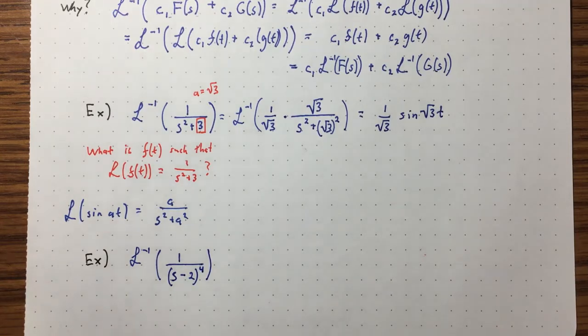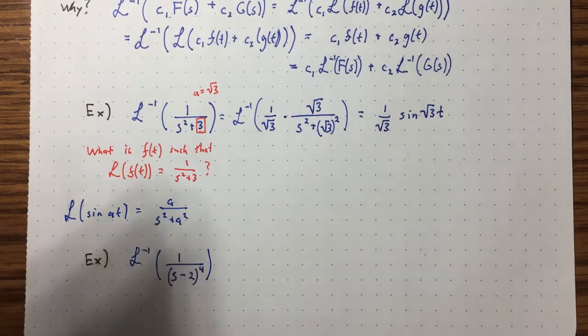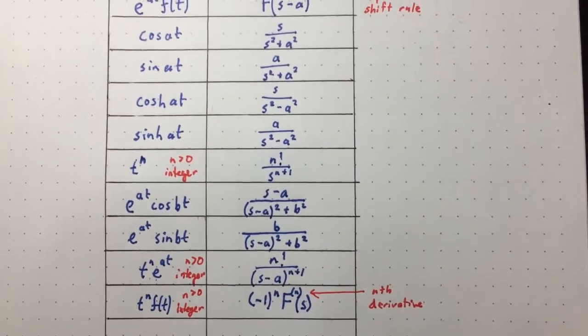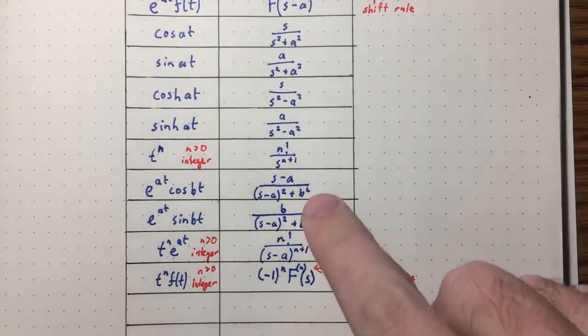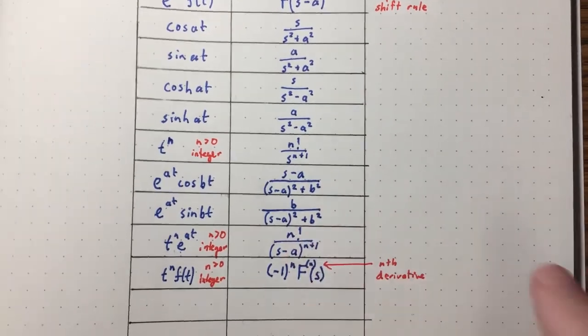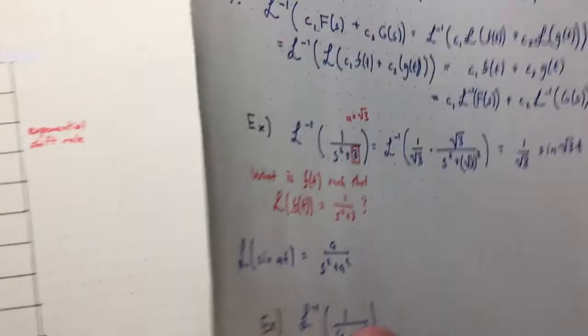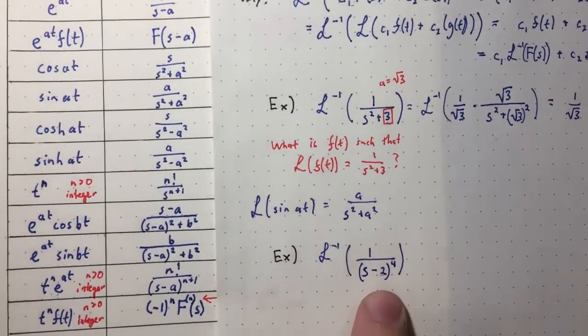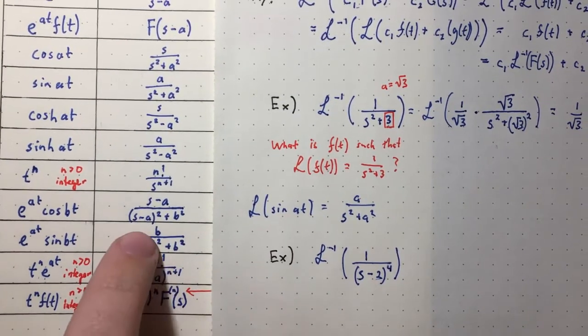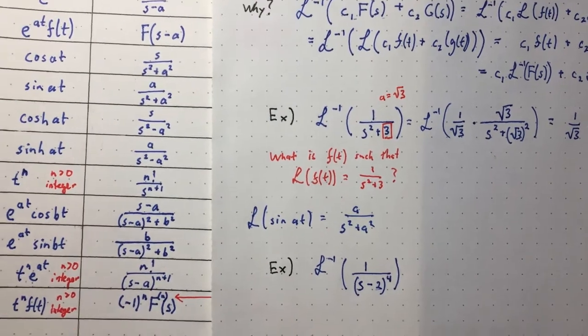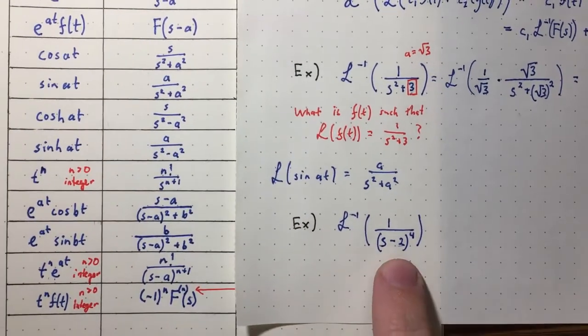So does this one ring a bell? Does this look familiar? Let's look at our table. Okay, so it's actually not going to be these because we have an extra plus b squared there. Right? We don't have that here. I suppose you could say b is going to be 0, but then that would kill off the numerator as well. So do we see anything that looks more like this?